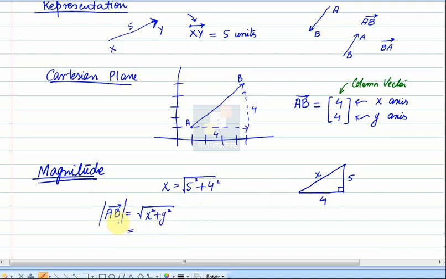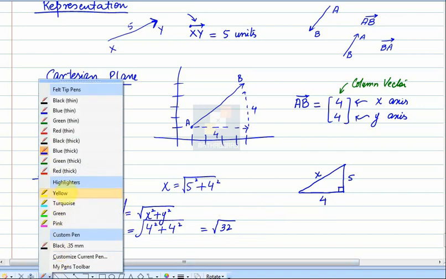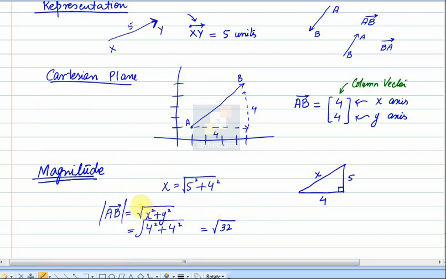If we talk about AB, the value on the x is 4, so it's 4 square plus the value on the y is 4, that is root 32, right? So that is the answer of the magnitude of AB, and the working formula is x square plus y square. That is the working formula of the magnitude of a vector.